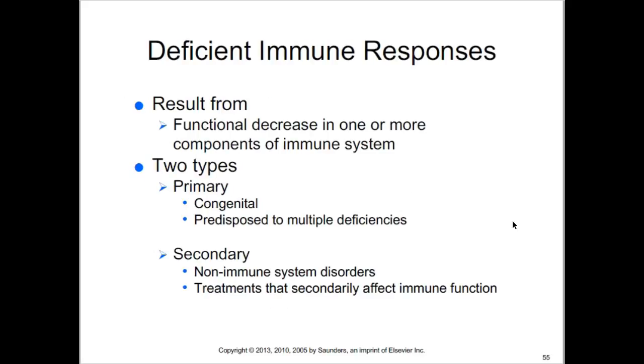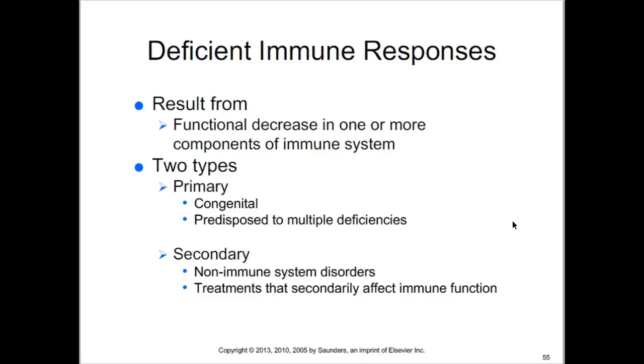All right. Now, deficiencies of your immune system, right? So kind of the opposite, all the way on the other spectrum. Again, some of these are genetic, and some of them are acquired.